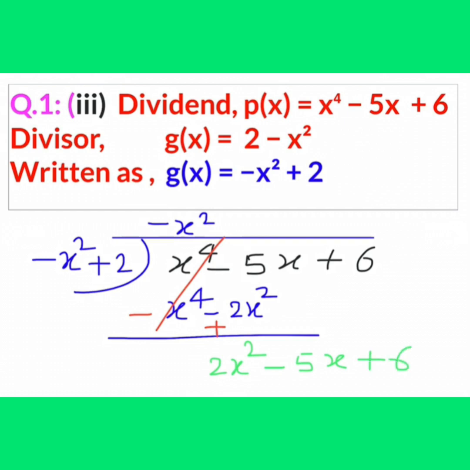You will bring down this is same term minus 5x here and plus 6 after that, and plus 2x square here. So you will write this same to same. After that observe what is the coefficient of this first term, this 2 plus 2, and here is minus, so you will put here minus and this coefficient 2.